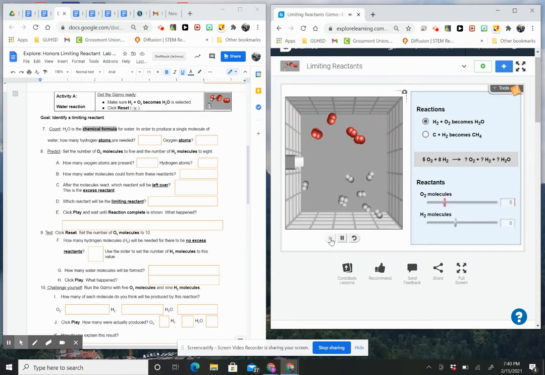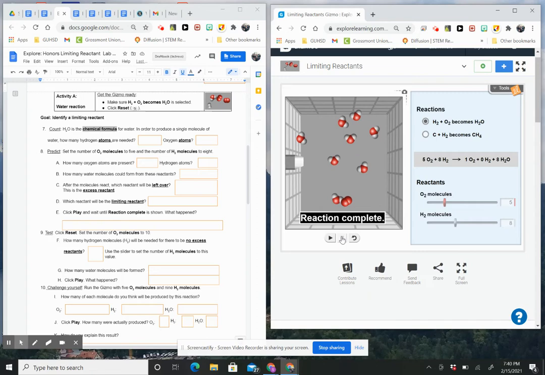If I go ahead and hit play, you're going to start to see them react. You see 2 water molecules have formed, now another 2, and then another 2, and now your reaction is complete. You can hit pause, and then count how many water molecules there are and what you have left over. If you have things overlapping, hit pause at a different point.